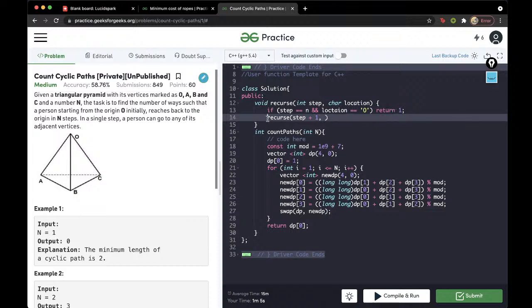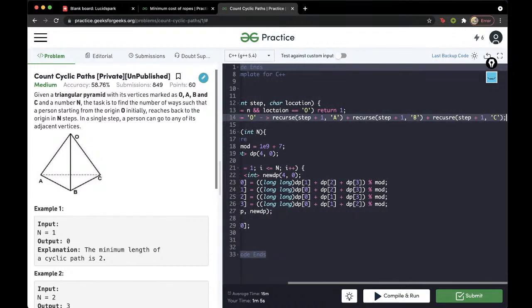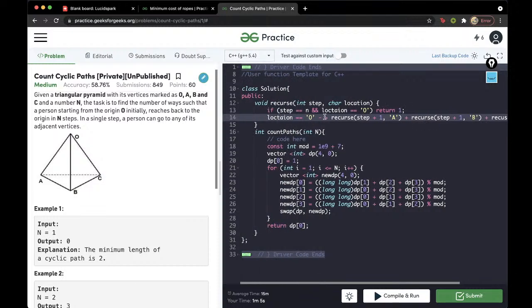Suppose you are at O, then you can go to recurse of A plus the others. With step plus 1 you can go to A, B, C, and similarly it carries on for the other locations.